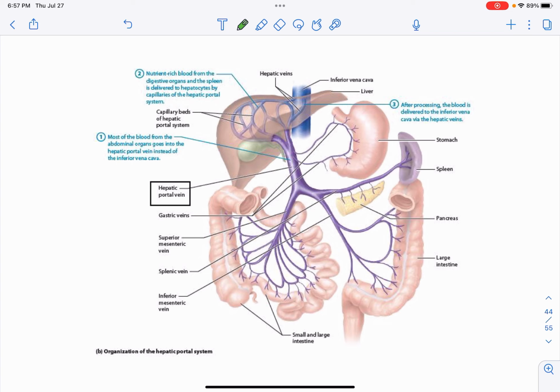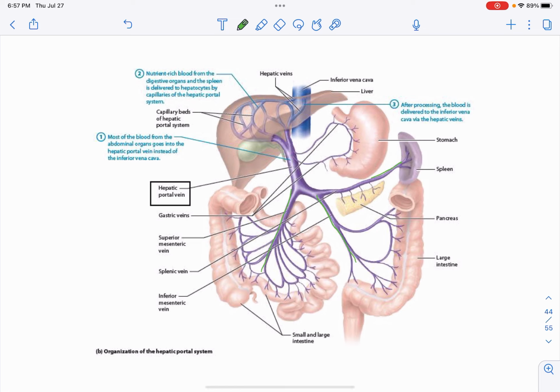But in addition to it, as it enters that venous system, it is going to pick up nutrients that have been absorbed, whether it was from the small intestine or the large intestine. Remember all of that absorption that occurs in the small intestine? That's going to be picked up. And so all of these organs are going to drain their blood.